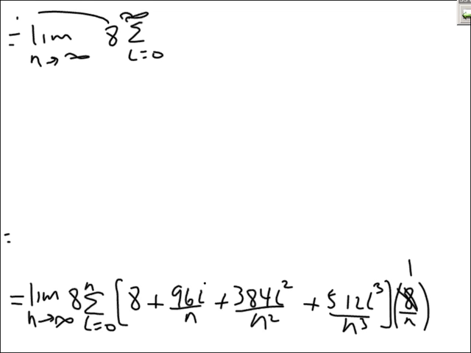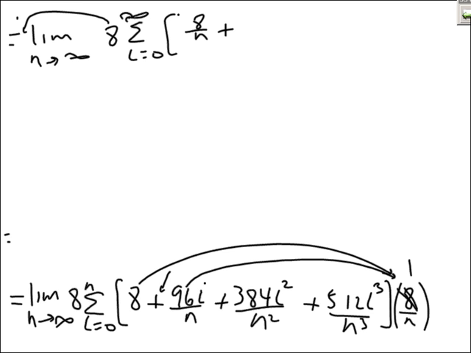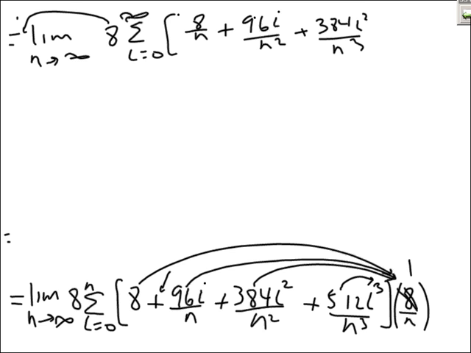For the record, you could have brought the 8 in front of the limit. And 8 times 1 over n is 8 over n, plus, see, now I don't have to multiply 96 by 8, 96i over n times 1 over n is 96i over n squared, plus 384 i squared over n cubed, plus 512 i cubed over n to the 4th.